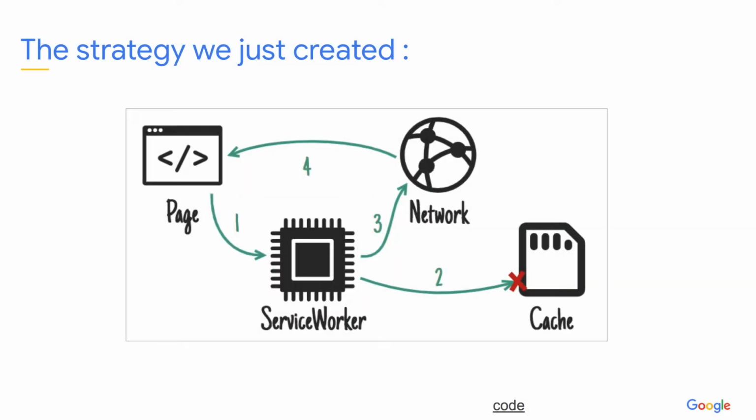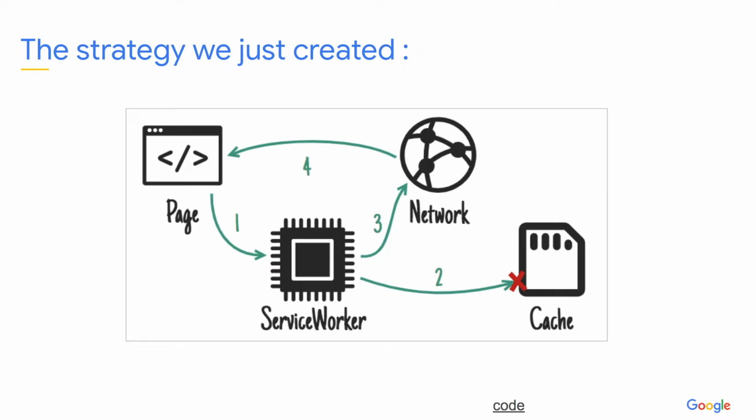So we created this strategy. When we talk about service worker and cache and everything, we have some caching strategies, and different caching strategy for different situation. And this is what we created. We created a cache first strategy, which means the request will go through our service worker. We'll try to go to the cache.